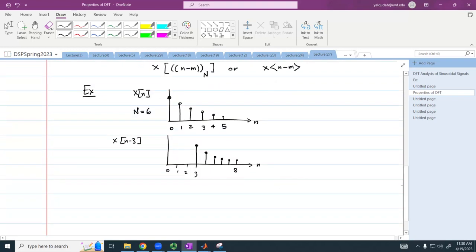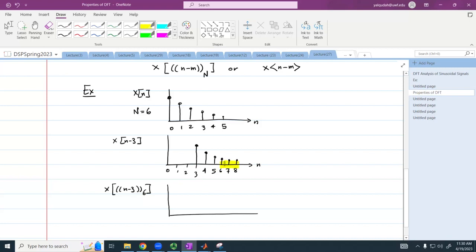Now, if I want to calculate the circular shift of x, x of n minus 3 modulo 6, I'm going to go to any point that is beyond 6 minus 1, which is 5.